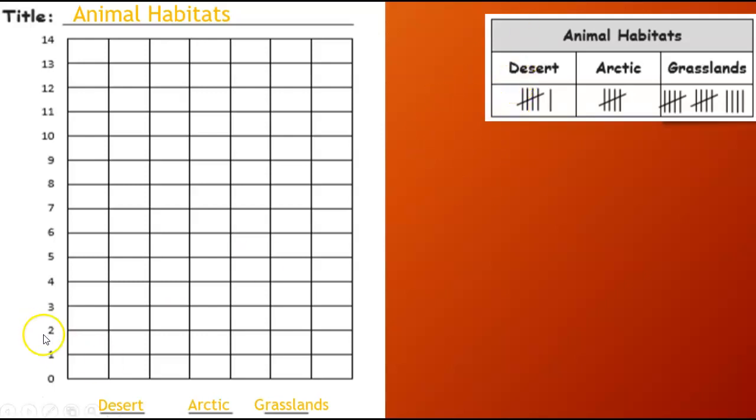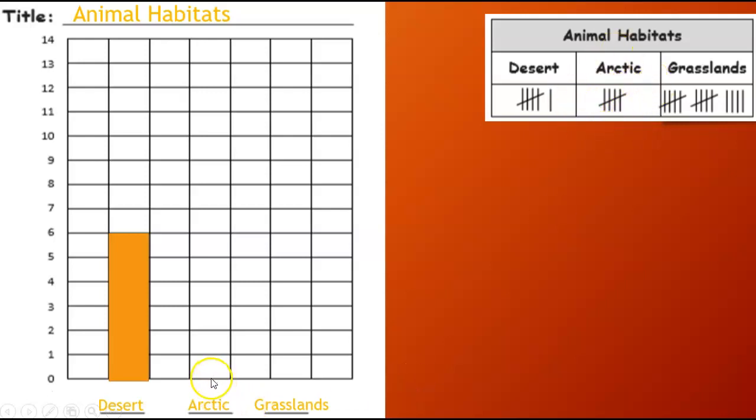Okay, so instead of going across, we are going up and down. So the desert has how many? Let's see, there's a group of 5 plus 1 more is 6. So we're going to go from the bottom up and shade all the way up to the 6 here. There we go. How about the Arctic? How many do we have? We got one group of 5.